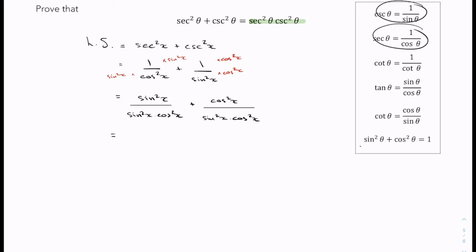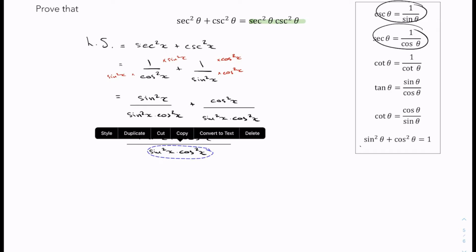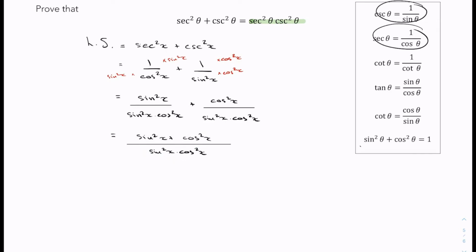I will get sine squared x plus cos squared x all over, and to save me some time, I will just copy this guy here and paste it all over that. And I think I can see where this is going. Again, from experience. If you don't yet, you will be very shortly.